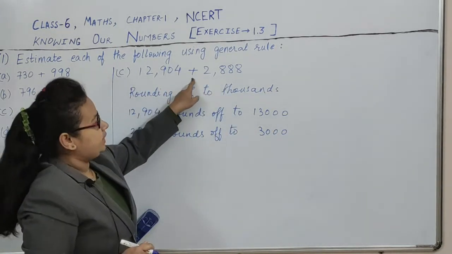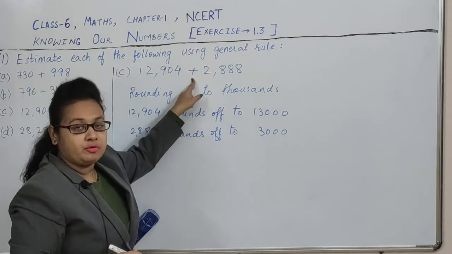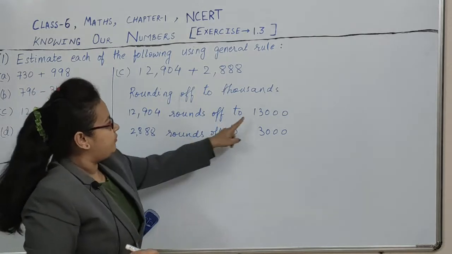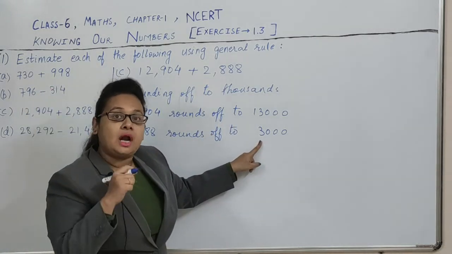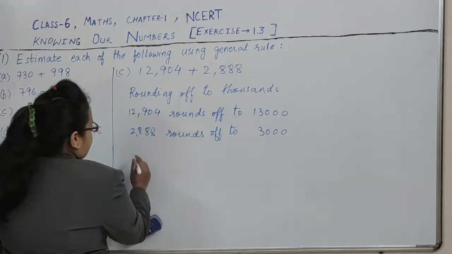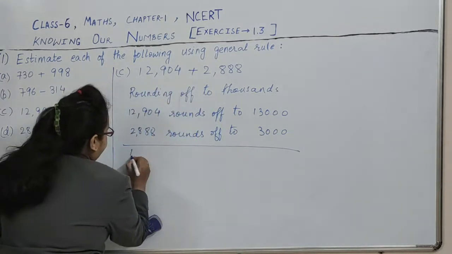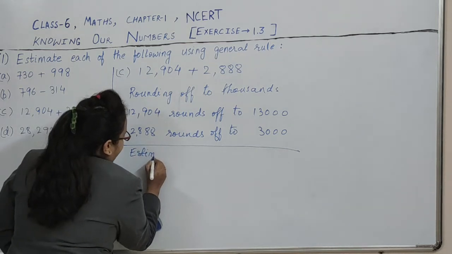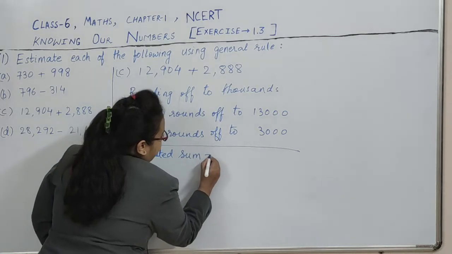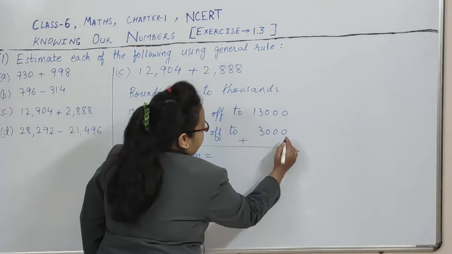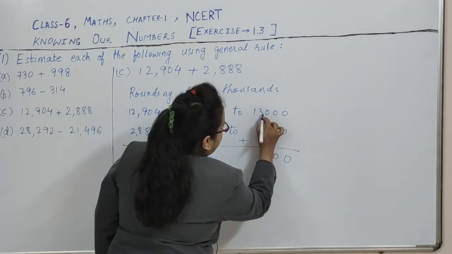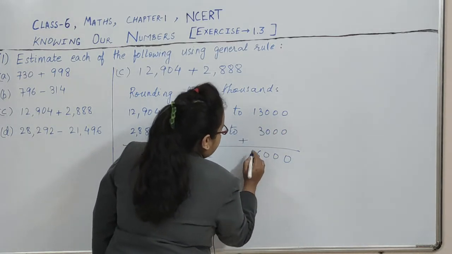And what is there in between? In between there is a plus sign. So we have to find the estimated sum. We rounded off both these numbers and now we will add the rounded off numbers. So what will be the estimated sum? 0 plus 0 is 0, 0 plus 0 is 0, 0 plus 0 is again 0, 3 plus 3 is 6 and this is 1.